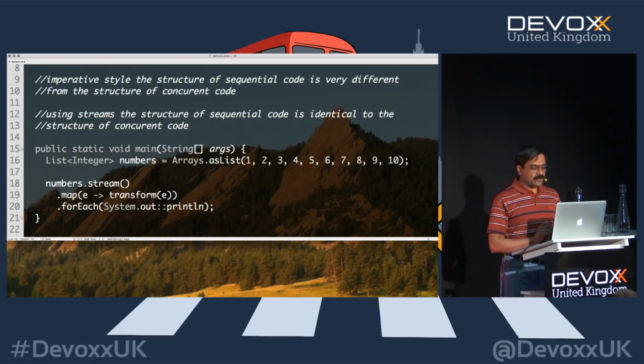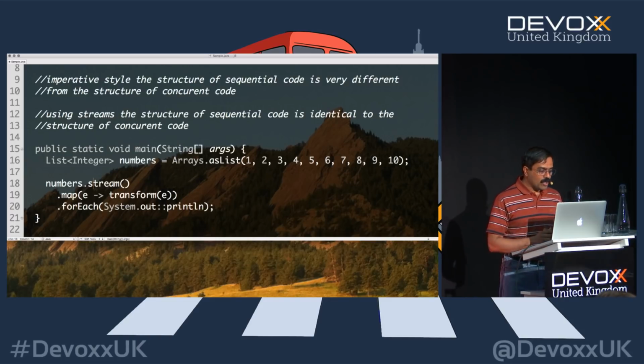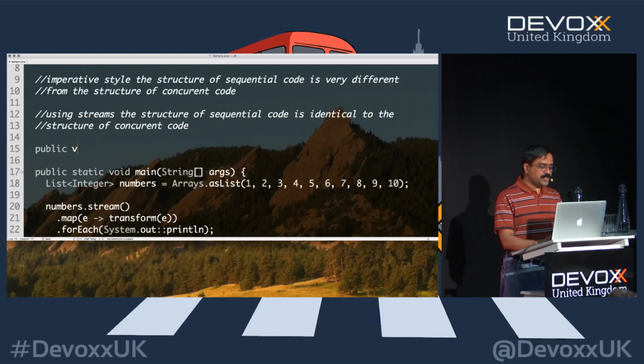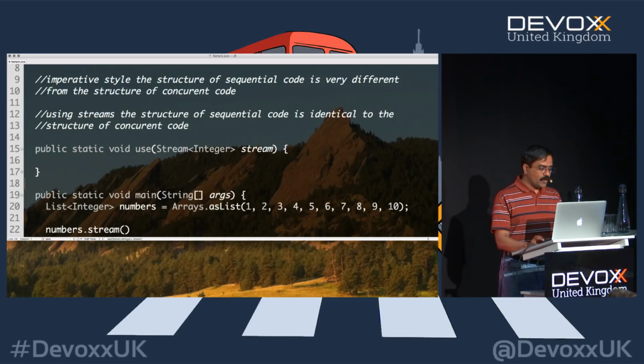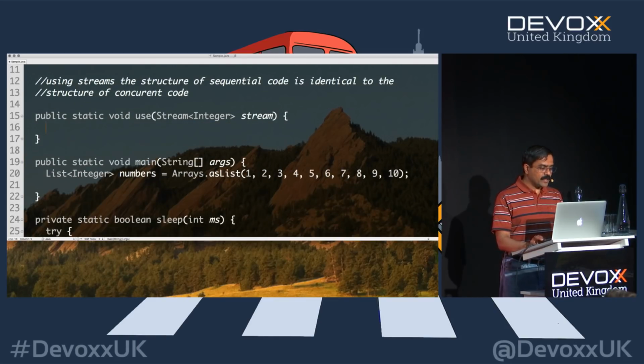On the other hand, of course, what if you don't have the ability to create the stream all by yourself? As an example, let's say you have a function, something along these lines, where you have a static void use. And this takes a stream of, let's say, integer, we'll call it stream. And in this case, it's going to go through the stream and do the printing of the data.